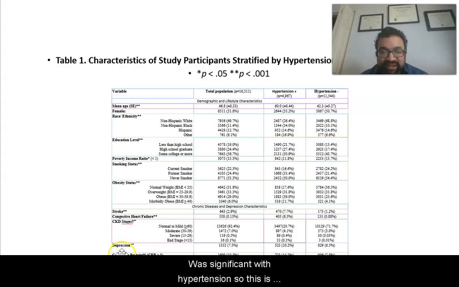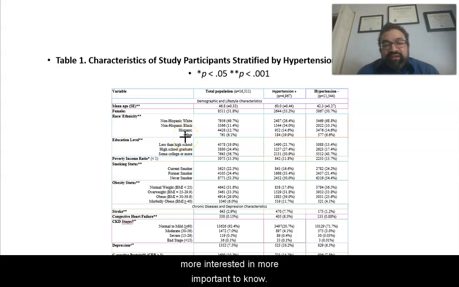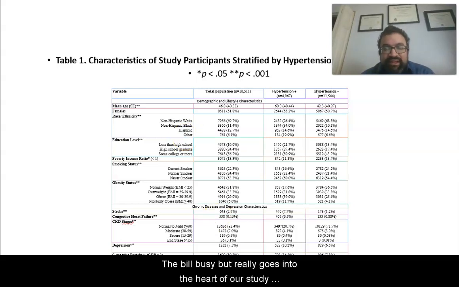was significant with hypertension. So this is something that shows the relationship between hypertension and a lot of these factors. But what is more interesting and more important to note, it's a bit busy, but it really goes into the heart of our study that was completed.